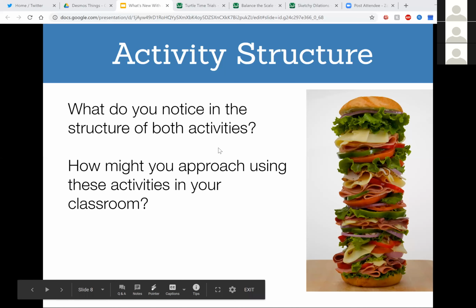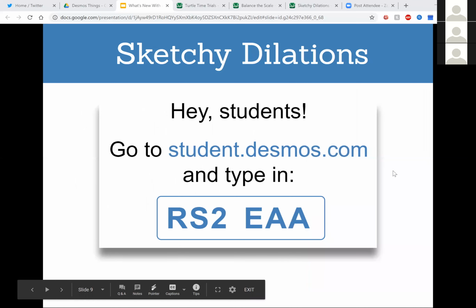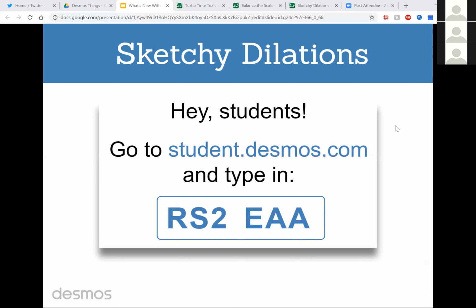So one last activity. I wanted to get something that ran the gamut of all types of mathematics. We haven't done any geometry yet. This one is called sketchy dilations. So there is your code. Let me post it in the chat as well. Yeah, there it is. It's also posted in the chat if you'd like to click it from there.